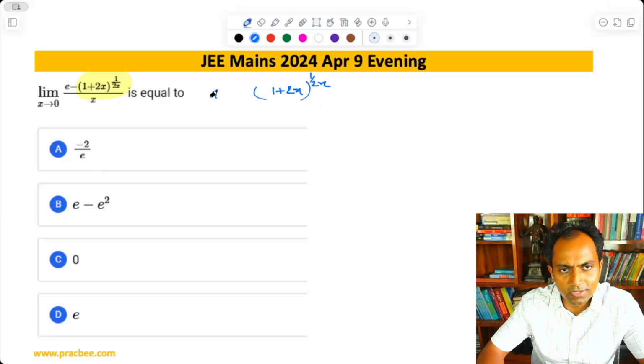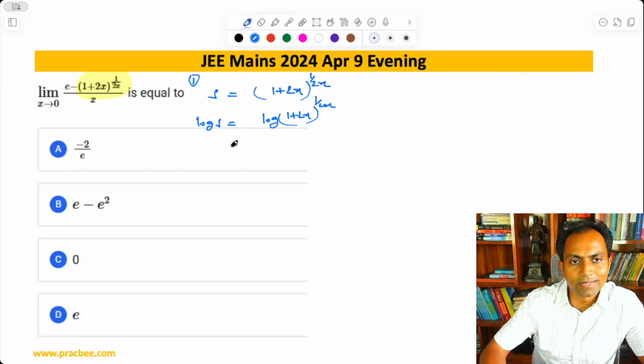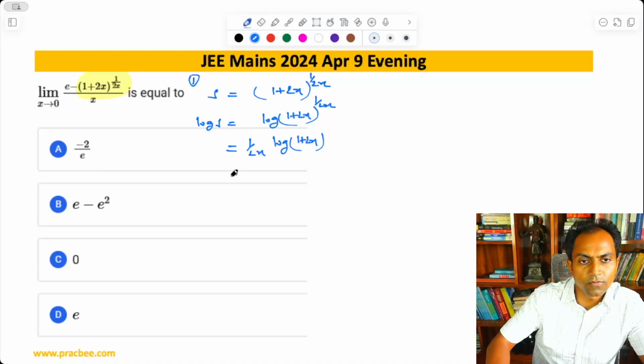So I can take this series expansion as s in the first step and then take log on both the sides. So this becomes log of s equals log of (1 plus 2x) raised to the power 1 by 2x. And as a result, this can be written as 1 by 2x, and then you have log of 1 plus 2x. Now, if I want to simplify this, 1 by 2x is fine.